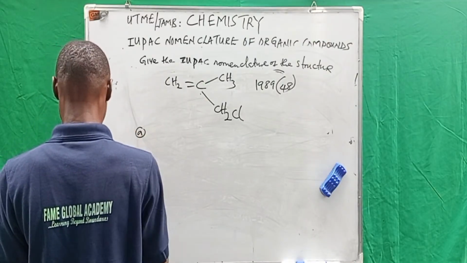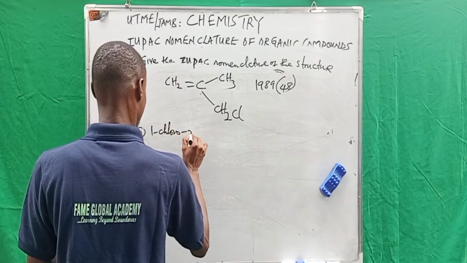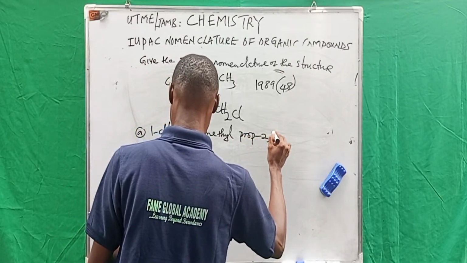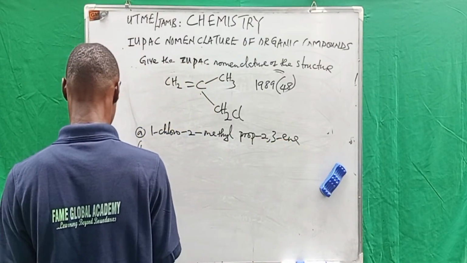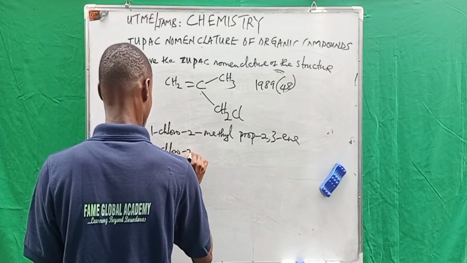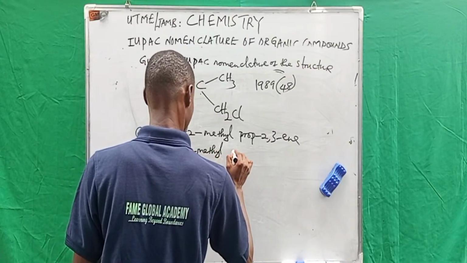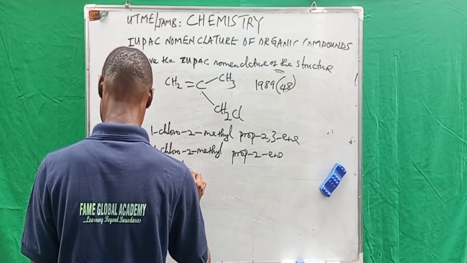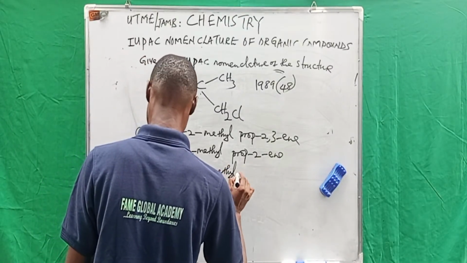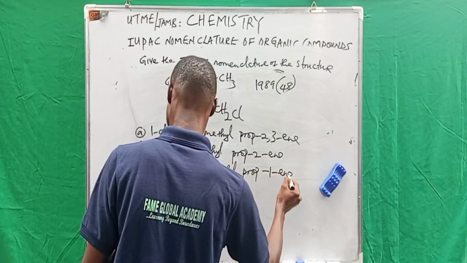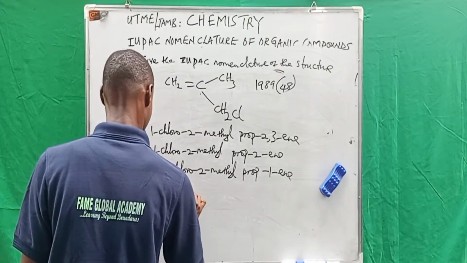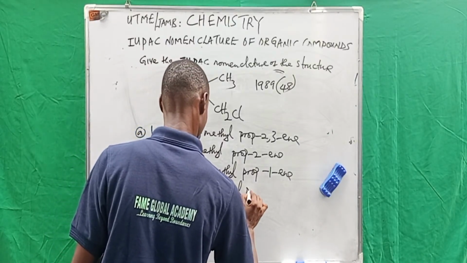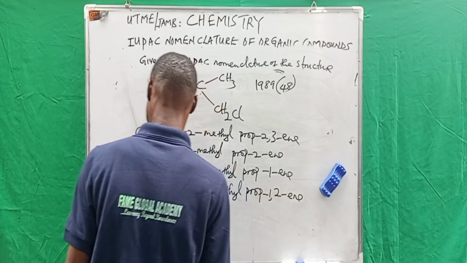So we have options: A, 1-chloro-2-methylprop-2-ene. B, 1-chloro-2-methylprop-2-yne. C, 3-chloro-2-methylprop-1-yne. D, 3-chloro-2-methylprop-1-ene.